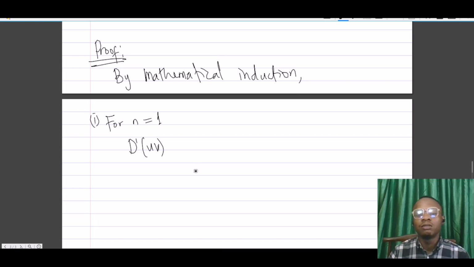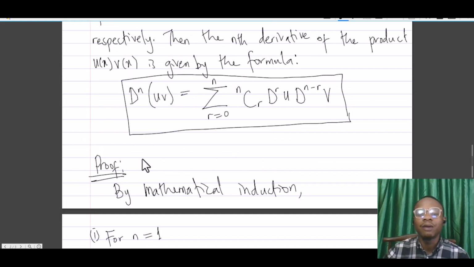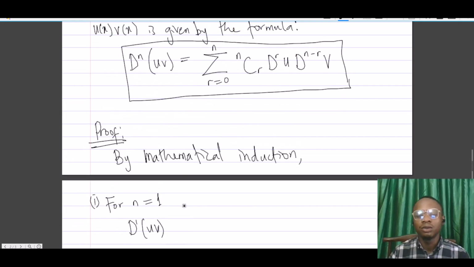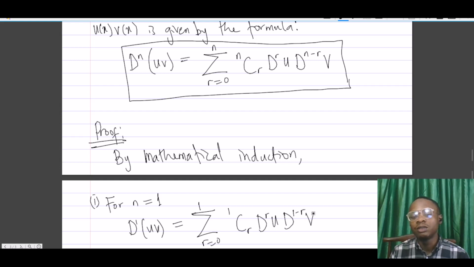For this particular case, our n is 1. So using this formula, we should have this equal to the summation from r equals 0 up to 1, because our n is 1, of 1 combination r, d to the power r of u, then d to the power n minus r, that's 1 minus r, of v.